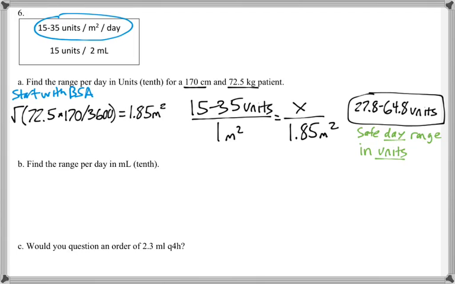Next, they want us to find the range per day in mLs. So it's the day range, and it's in mLs. So I currently have the day range, but that's in units. So I need to convert this from units to mLs. And I do that using the solution strength.